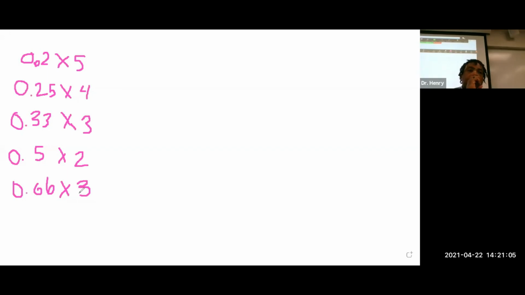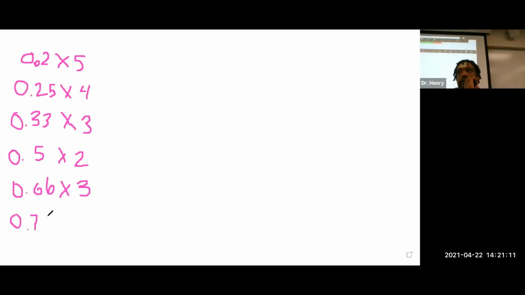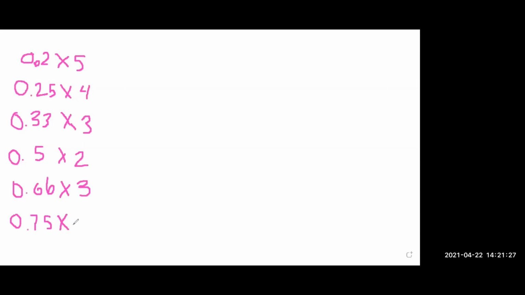Or 2. Okay. And then if the number is 0.75, if I multiply this by 2, are you sure? 4.